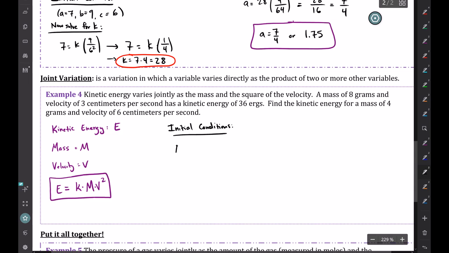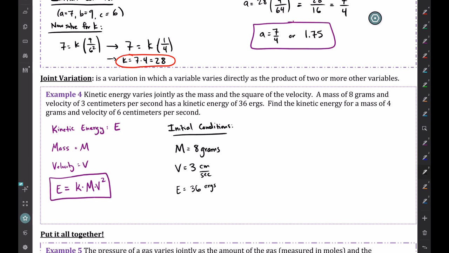Okay, so we have a mass of 8 grams, so m equals 8 grams, and a velocity of 3 centimeters per second, so that'd be v equals 3 centimeters per second, has a kinetic energy of 36 ergs. So it'd be 36, and then it's ERGS, which is some type of physics thing. I think it's like what? Well, I guess it would be grams times centimeter squared over second squared would be what an erg is.